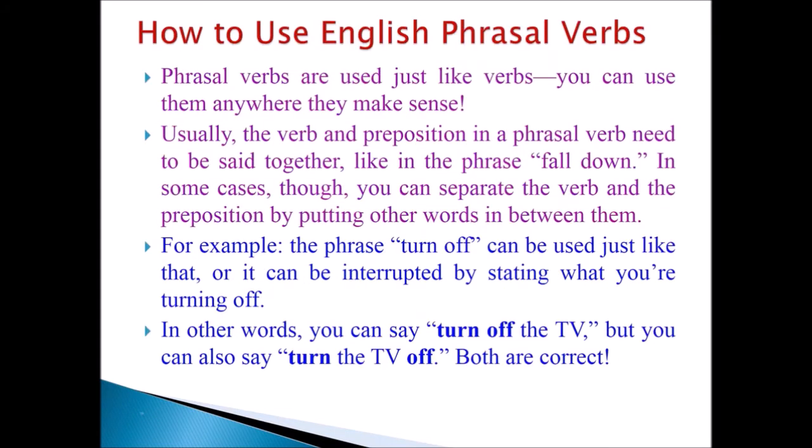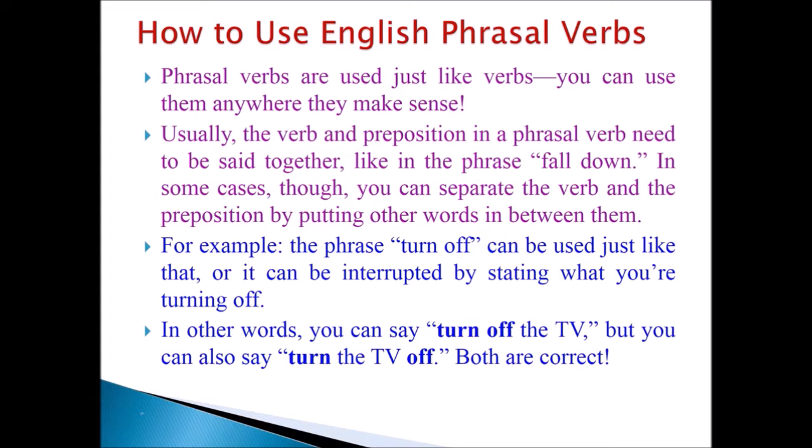Students, now let's see how to use English phrasal verbs. Phrasal verbs are used just like verbs. You can use them anywhere they make sense. Usually, the verb and preposition in a phrasal verb need to be said together, like in the phrase fall down. In some cases, you can separate the verb and the preposition by putting other words in between them.